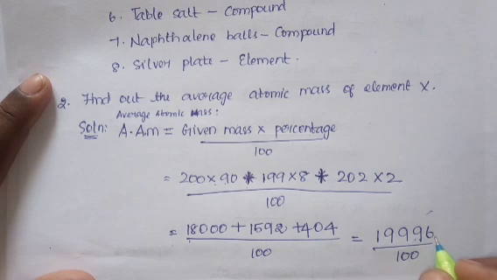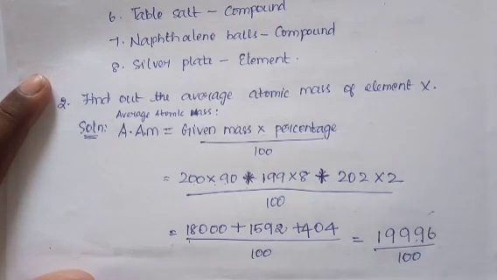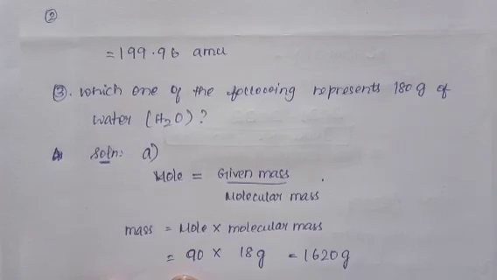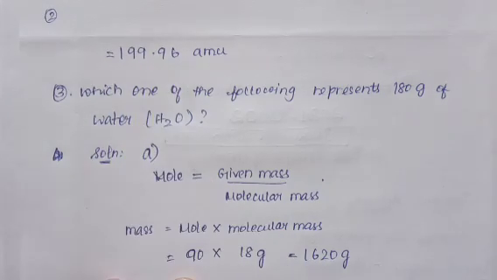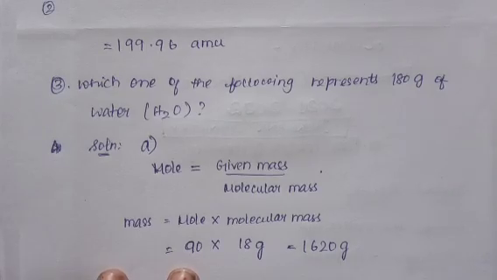Here we have to keep the decimal point before the last two digits, because there are 2 zeros, right? So the answer is 199.96 AMU. We have completed the second question.